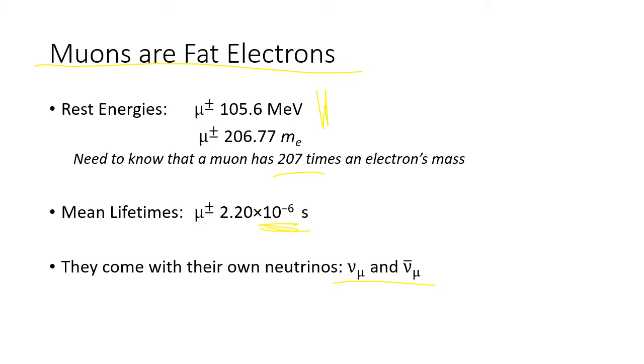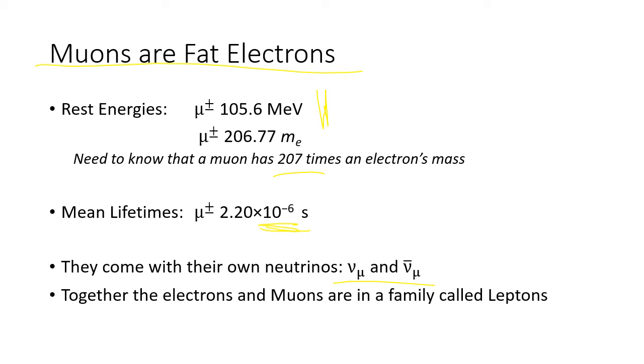A muon neutrino won't do that. Electron neutrino will do that. Muon neutrino won't do that. A muon neutrino with enough energy could do neutrino capture and make a muon, but it can't make an electron. They are separate things. So muons, fat electrons that come with their own set of neutrinos, which are different from electron neutrinos.